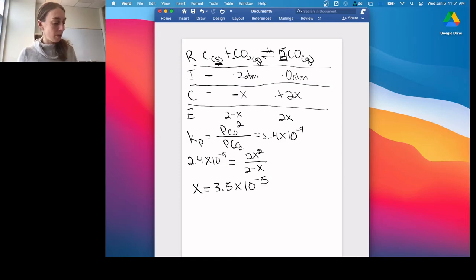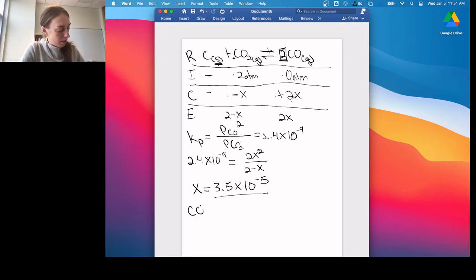Okay, so for the partial pressures of each of our gases at equilibrium, we can see here that x is a very small number. So 2 atmospheres minus a very small number is effectively 2 atmospheres. So we'll just say that essentially our partial pressure of CO2 has not changed, but we have 2x for our carbon monoxide.